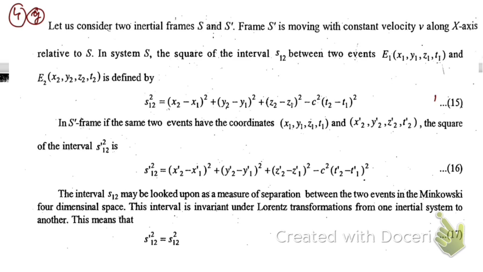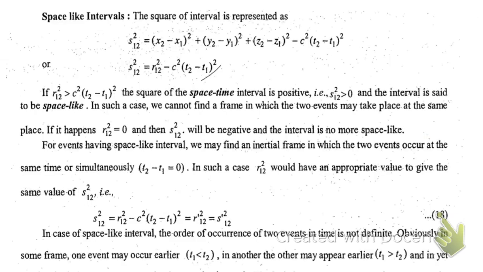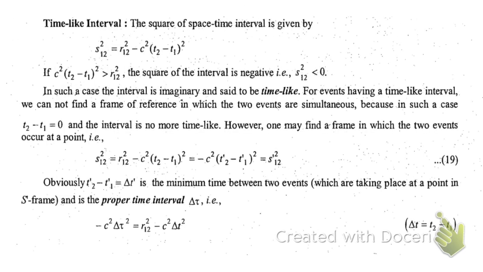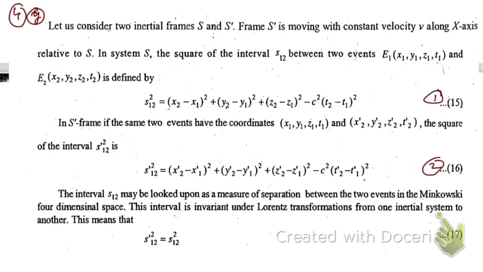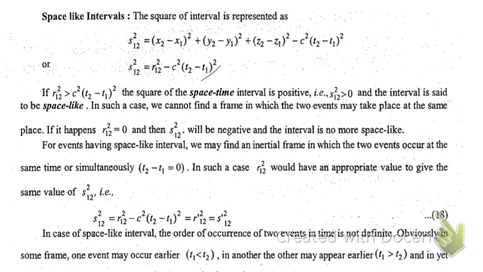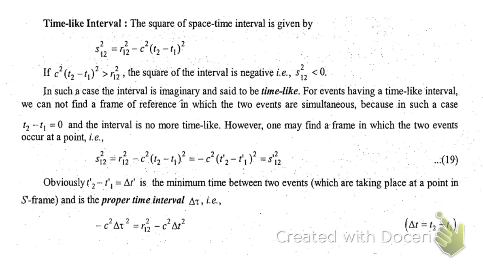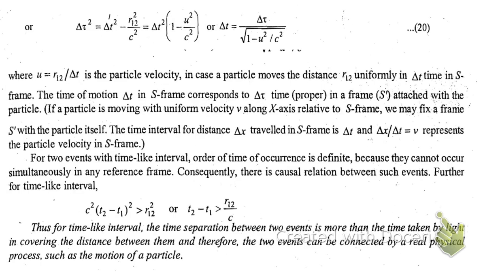So you can number as you want, starting from 1. If you do so, then you have to change the equation number if it is mentioned somewhere later, according to your numbering.